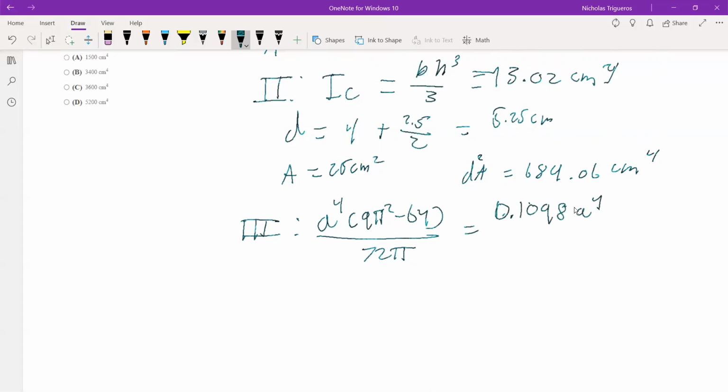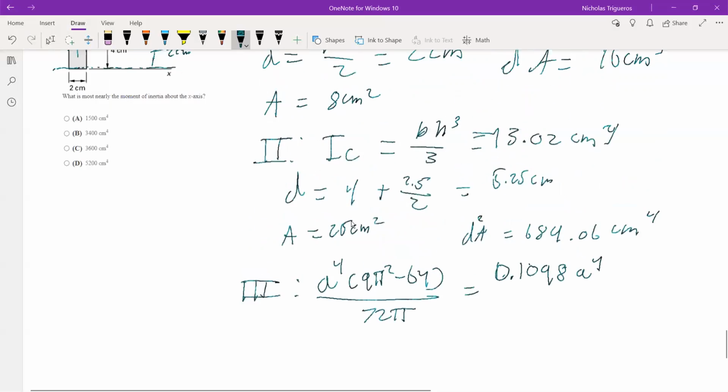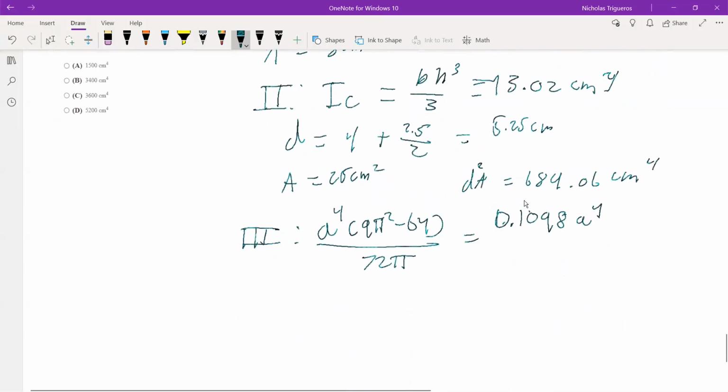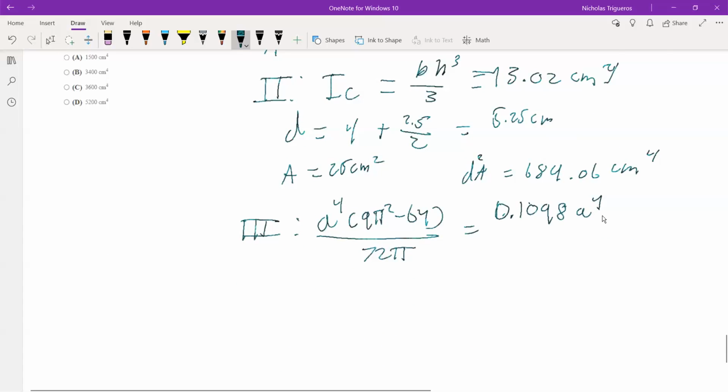Yep, for that one. Sorry, it's 5. Yes, it is. So I'm getting 677 as IC. 0.1? How did you get 0.1? I got 68.6. I was getting 1 though. Let me try that again. Did you multiply your pi? 9 pi squared minus 64. Take that number and divide it by 72 times pi.